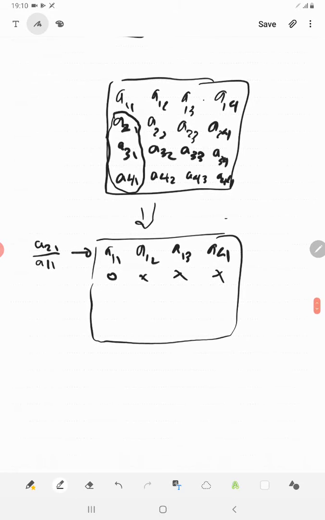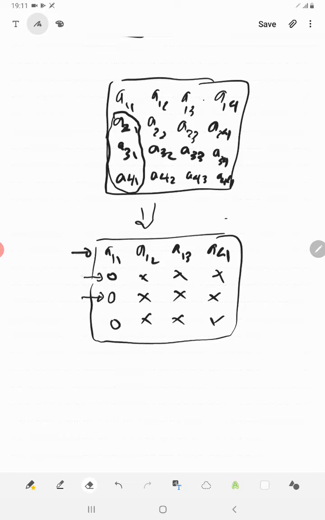Again, we do the same for the other rows. When we come to the third row, we want to get another 0 here, and X, X, X here. So eliminate the first column. For the second row, we multiply this by A21 divided by A11.